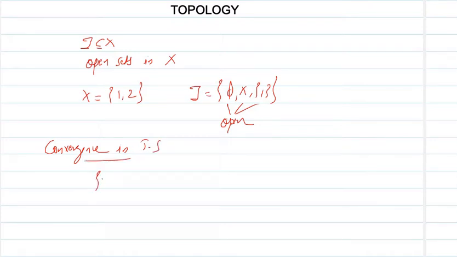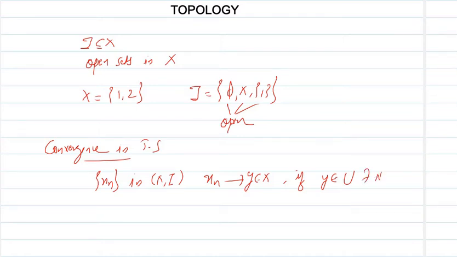A sequence xn in a topological space (X, tau) is said to converge to a point y in X if for every open set U containing y, there exists a natural number N such that xn belongs to U for all n greater than or equal to N.